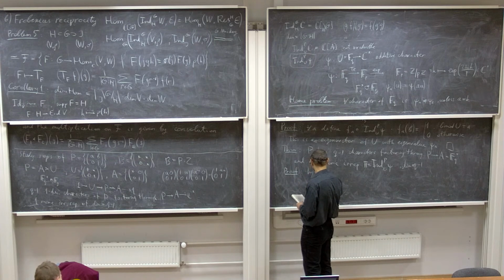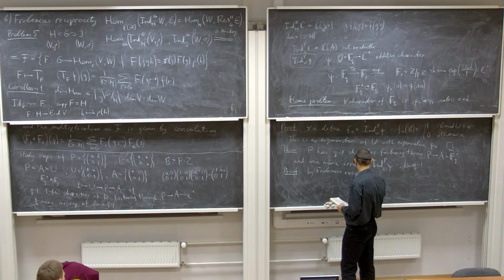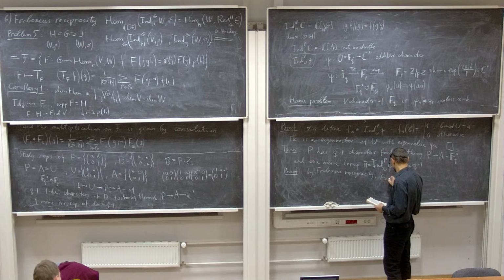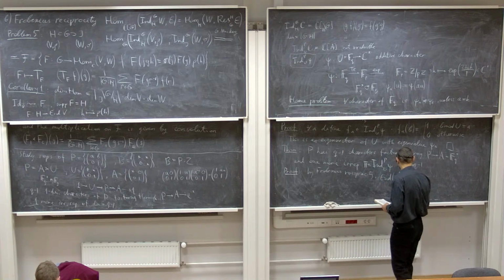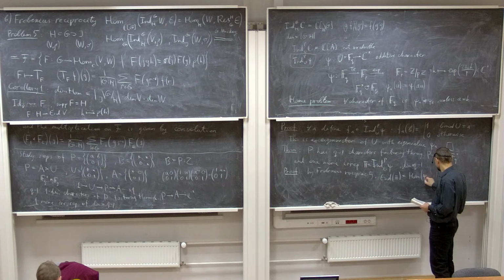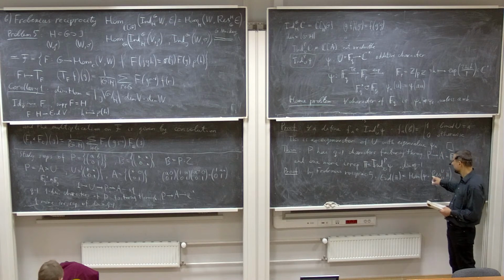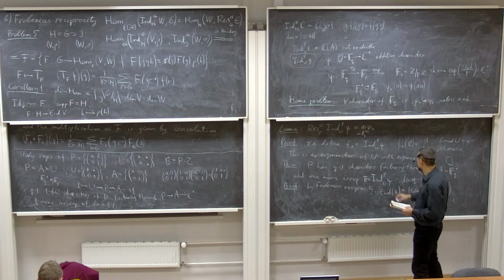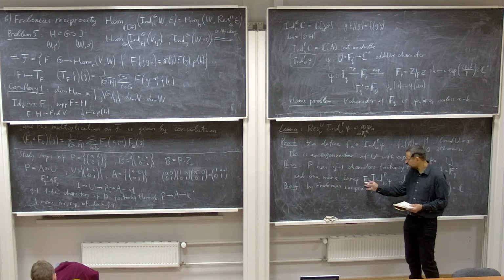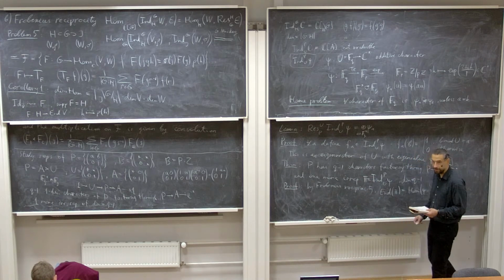Just by Frobenius reciprocity, the endomorphisms of pi are the same as homomorphisms from psi to the restriction of pi from P to U. But we know that this restriction decomposes into the sum of all characters with multiplicity 1, so it is just C. But the endomorphisms of a representation equal C if and only if it is an irreducible representation, right?